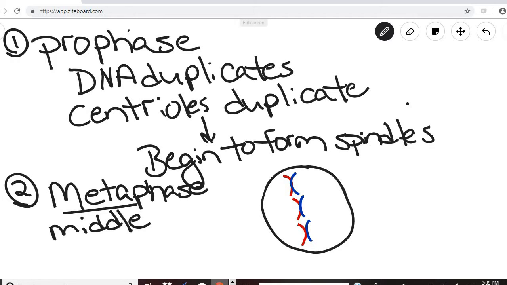So the spindles attach to the middle of those chromosomes, one on each side, and they start to pull on those chromosomes. Okay, so the spindles attach and they start to pull.